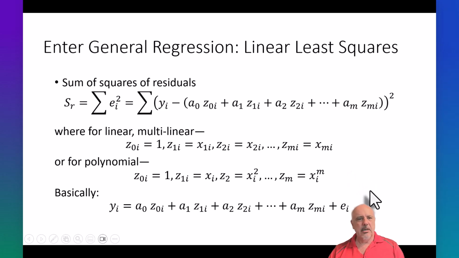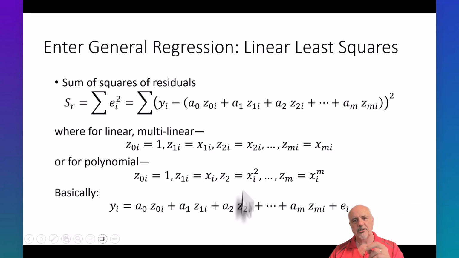And when you multiply it out, you end up with each data point being a0 times the associated z0i, which is always going to be 1 for that. And then a1 is going to be the z1i data point, so it could be the first x, or it could be x if it's a polynomial.